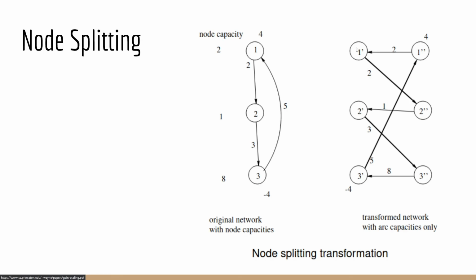So the first one handles all of the outflow from node i, and the second one accepts all the inflow. A single arc, as you can see here, connects the split nodes. By placing a capacity constraint on the arc over here, we effectively limit flow through the node.